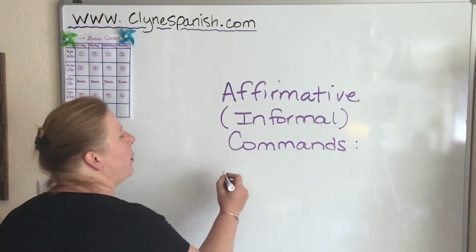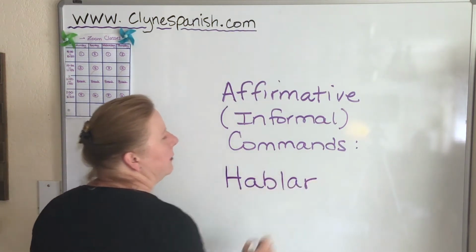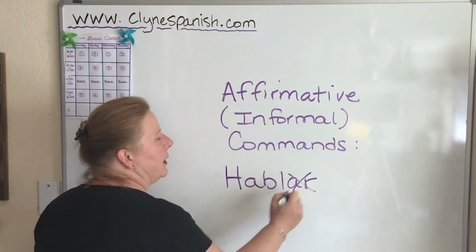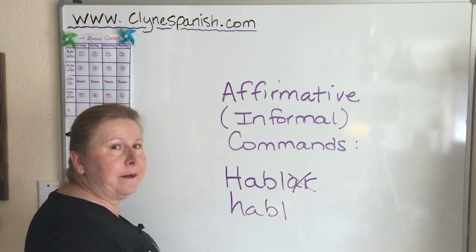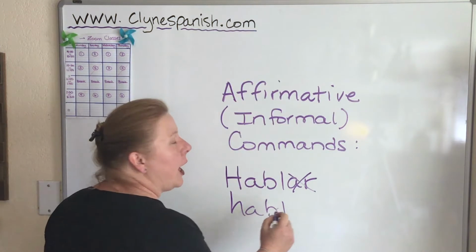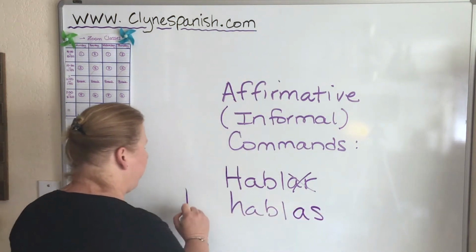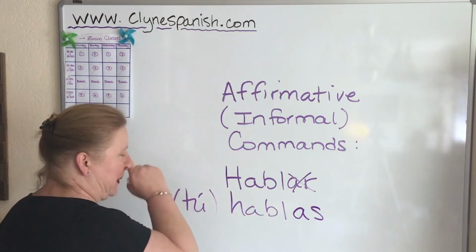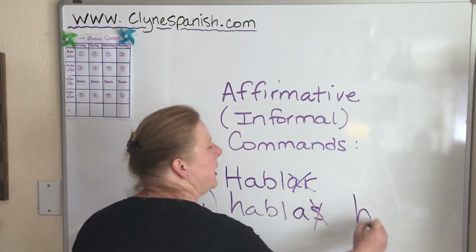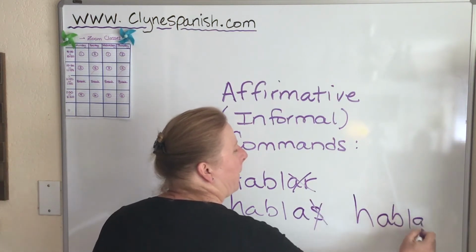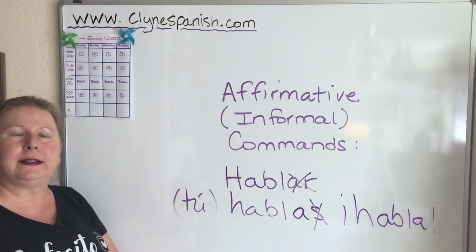So, for example, my favorite verb, hablar, take off the last two letters, which would leave you with the stem, okay? Conjugate it to the tú form, and then you just take off the S. There you are. So therefore it is habla. Nice and easy, right?